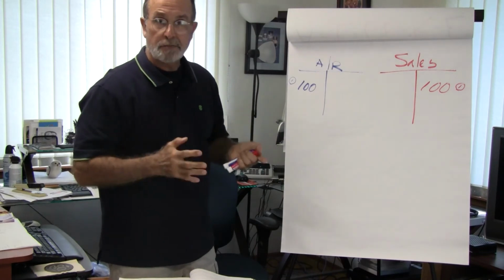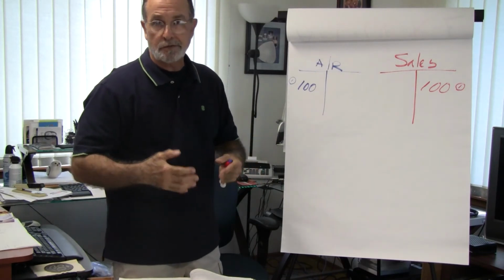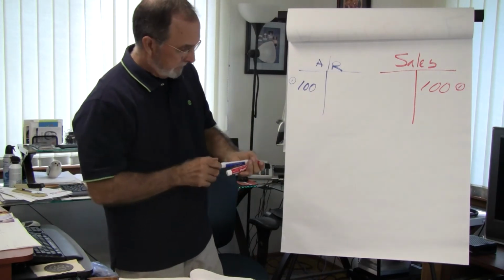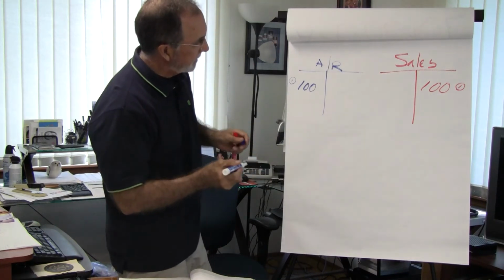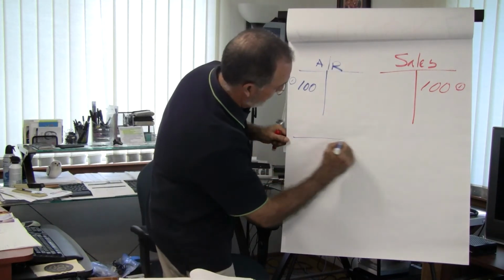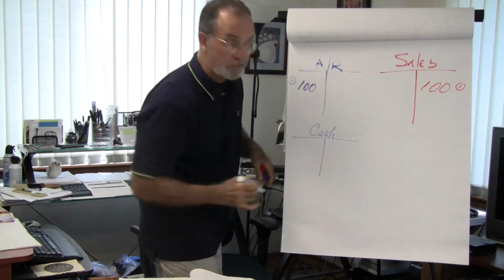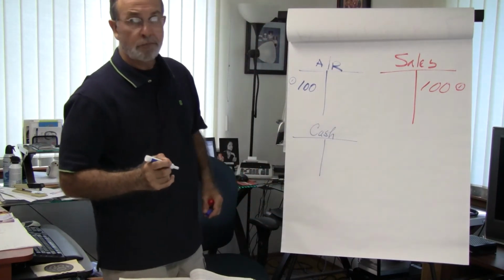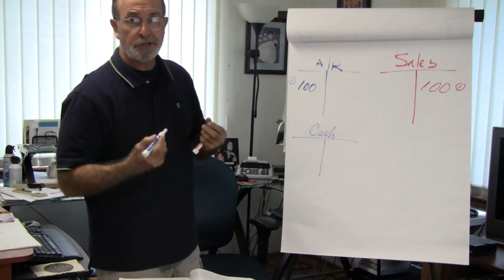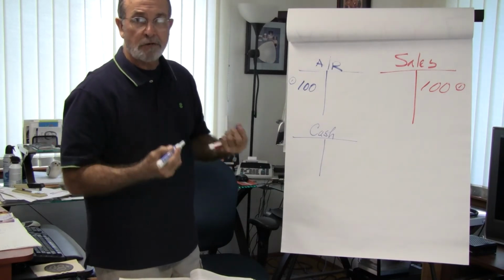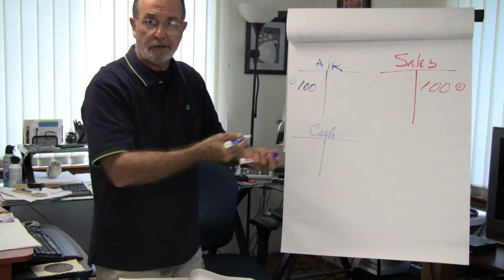Now at some later date, the cash for that sale, being that it was a credit sale, will probably be collected, and so at that point in time we would have another transaction that would show that we have received the amount of that sale previously made on credit.